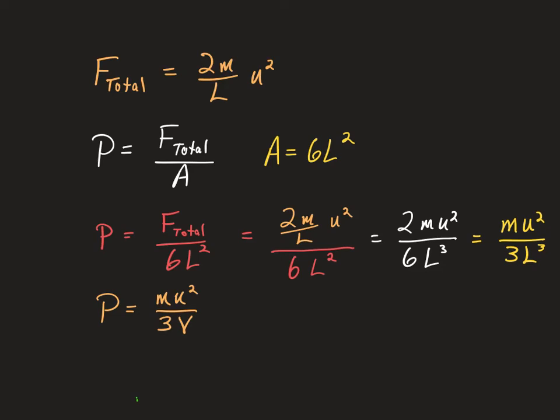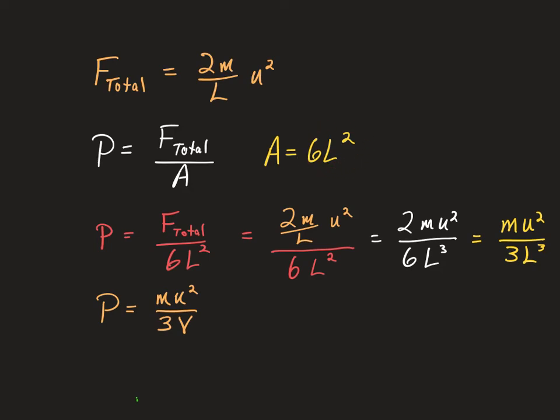Now, our definition of pressure is that pressure is the force divided by the area. And since now we're talking about molecules moving in all directions, since the area of one side of the box is length squared, and since a box has 6 sides and the gas molecules are going to hit all the sides, the area is equal to 6 times the length of one side squared.